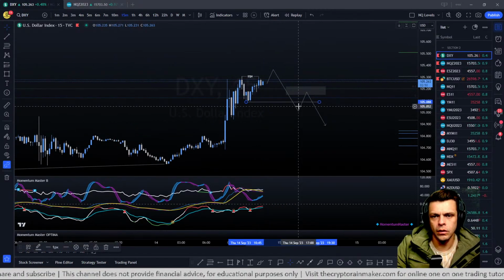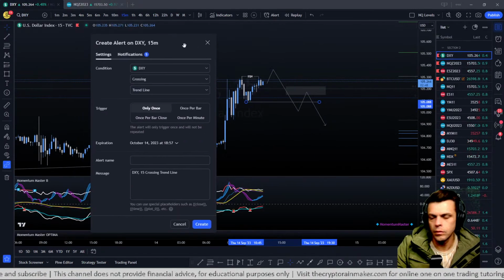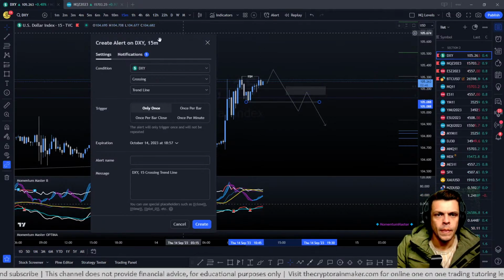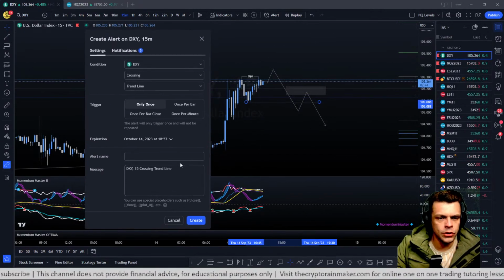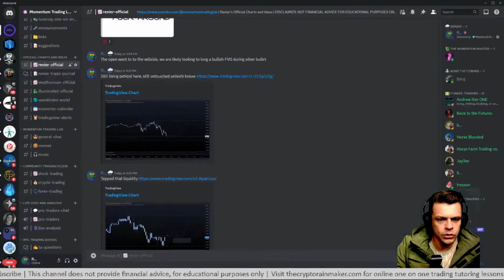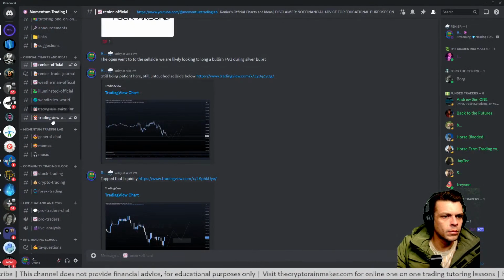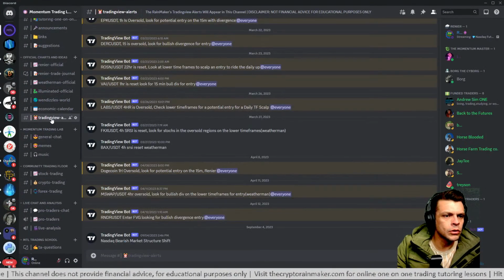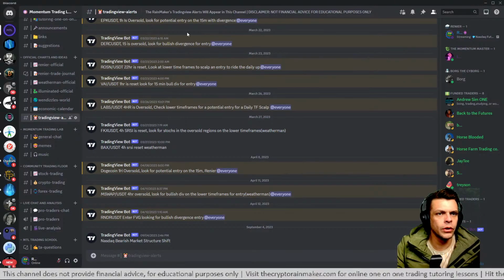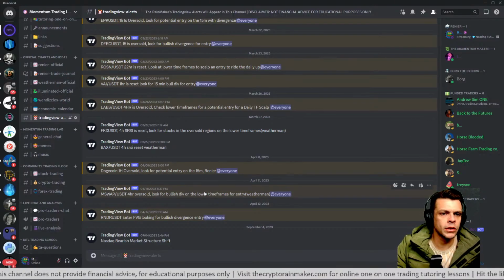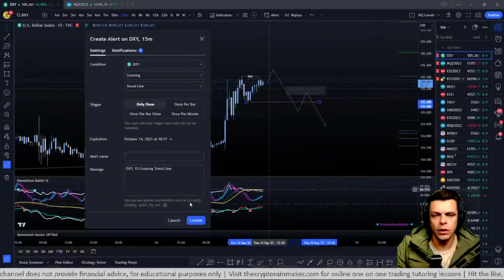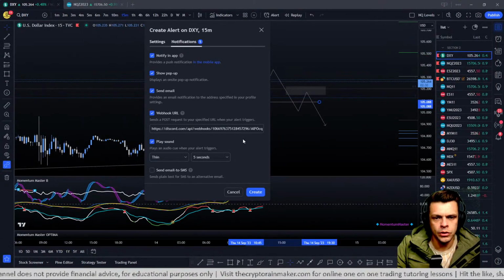I'm just gonna add an alert on this, and I haven't used this in a while, but I think I'm gonna do it now. So in the Discord, there's a section called Trading View Alert. This is basically hooked up to my Trading View Alert, provided that I set it up correctly.